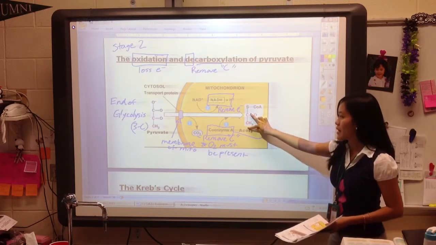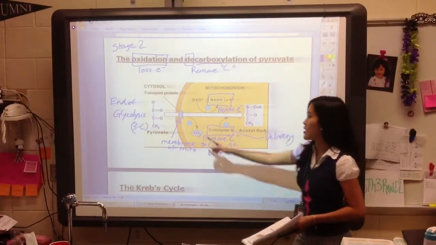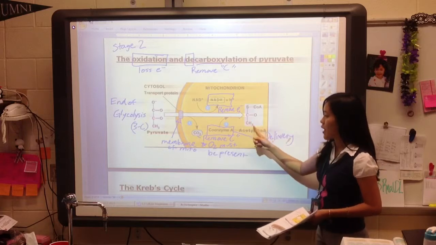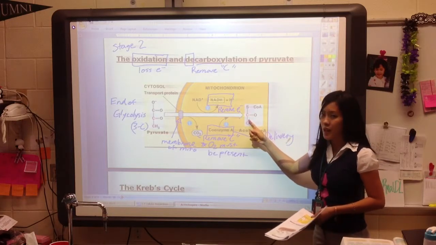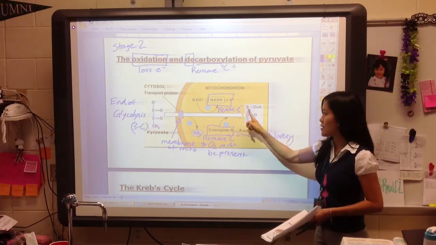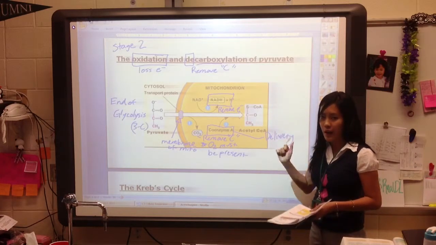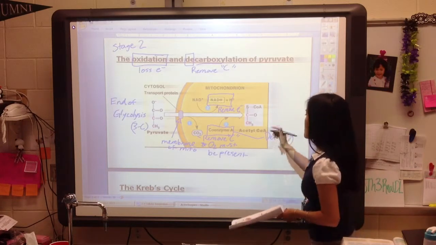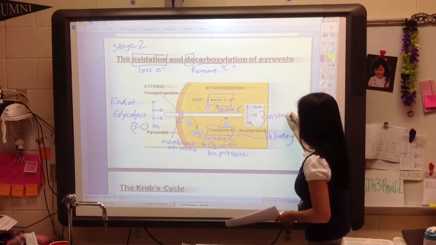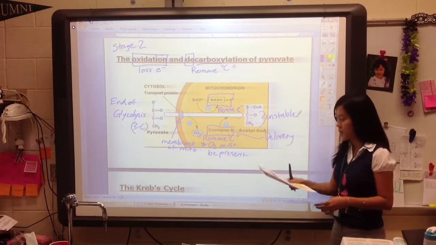These two carbons that are left over, notice how that carbon has been removed, the CO2 has been removed. Once it's removed, these two carbons that are left are very unstable. Because it's unstable, we need this coenzyme A, notice SCoA, to bond with it to allow it to be carried on to the Krebs cycle. So these two carbons are unstable, and we need this carrier to help get them to the Krebs cycle.